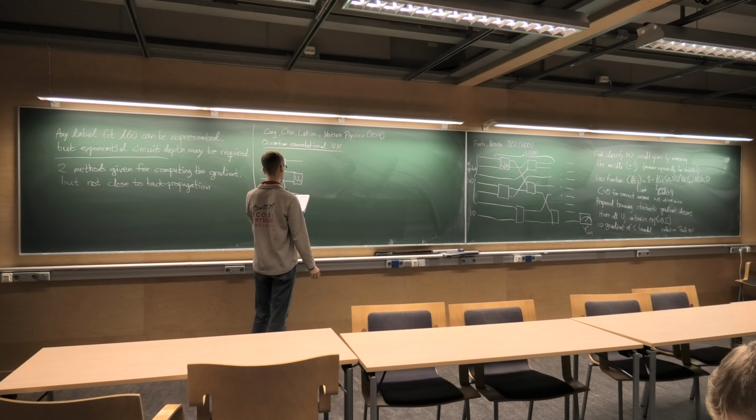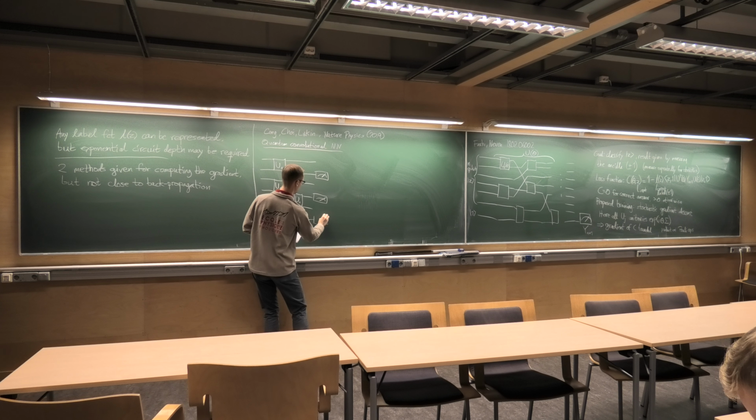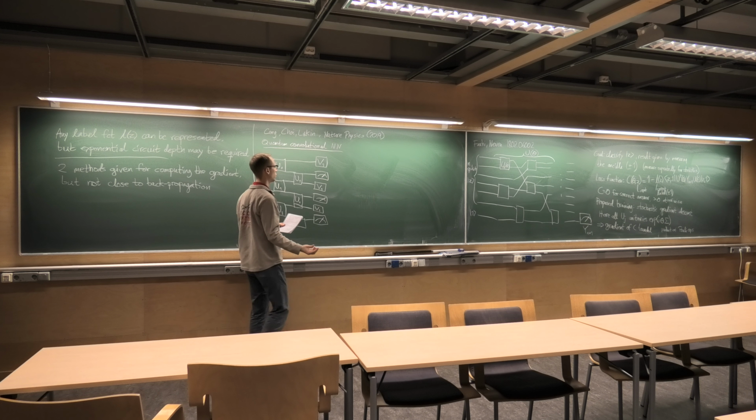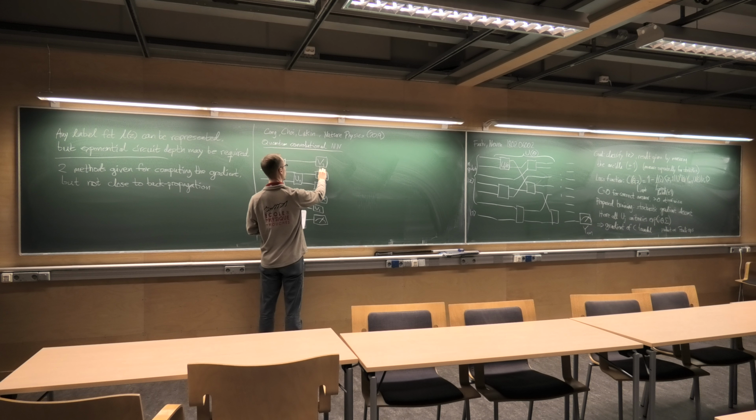So you do a measurement here, a measurement here, measurement here, and then I do a single qubit operation with D on that qubit that was not measured, and this single qubit operation is conditioned on the measurement result.